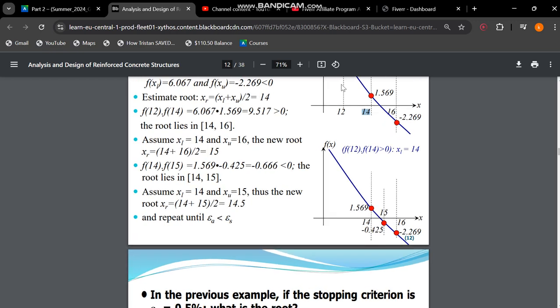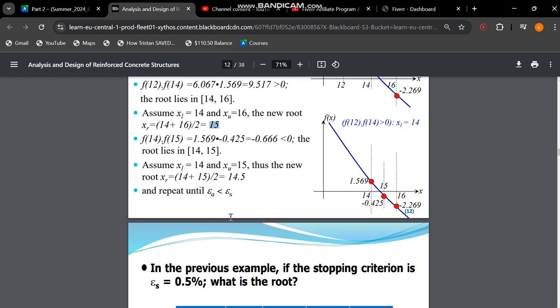Okay, and then you do another iteration. So now the midpoint is 15. You do f(xl) multiplied by f(xr), and the root falls between 14 and 15 because you get a negative number. And you keep doing this until you go below a certain stopping criterion.